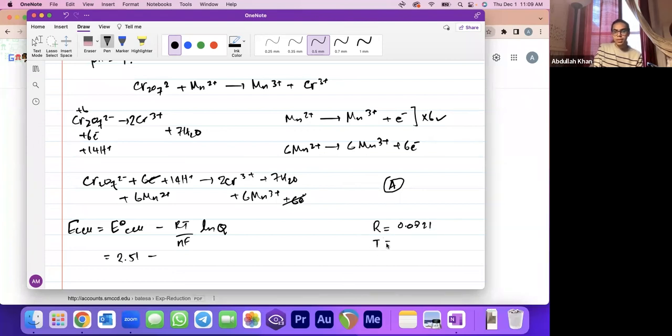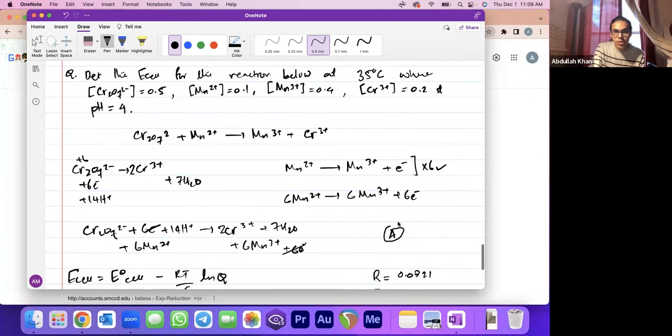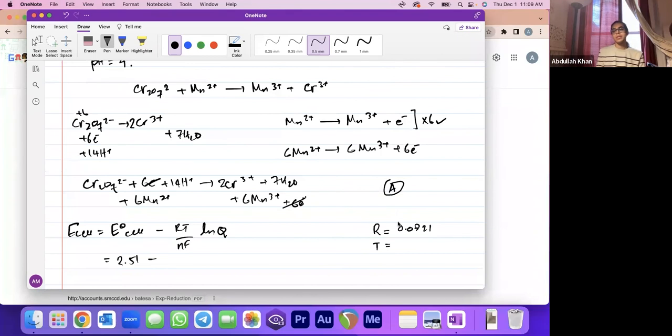Temperature is the temperature in Kelvin. We have 35 degrees Celsius in the question. So add 273.15 to convert it into Kelvin. That's 308.15.